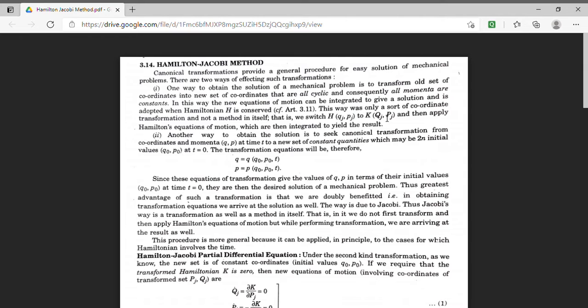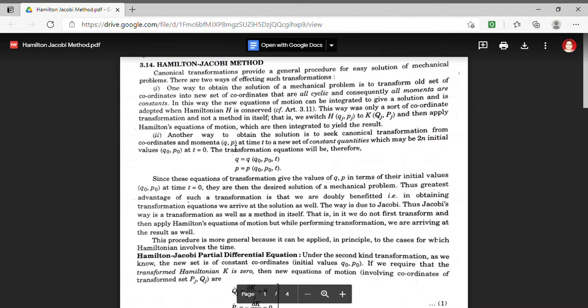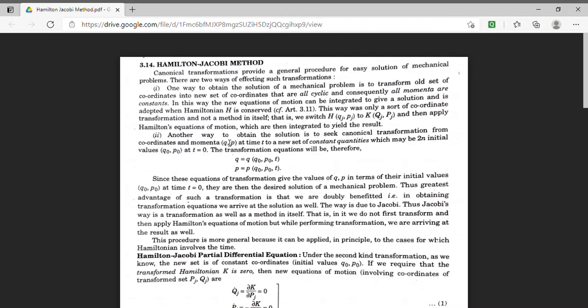The second method which we will deal with today is the Hamilton-Jacobi method. That means we have to transform from the old coordinates and momenta, that means small q and small p, to a new set of coordinates which are their initial values. Let the initial values be denoted by Q0, P0. Initial values means that time t equal to 0.